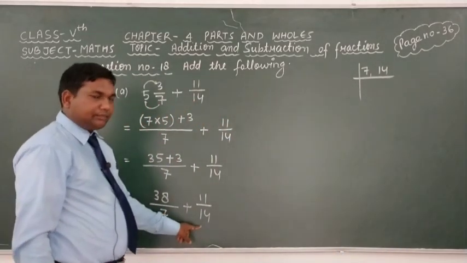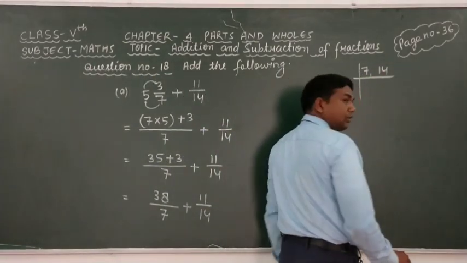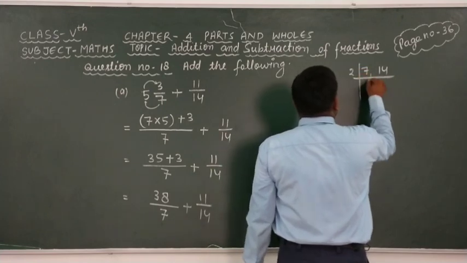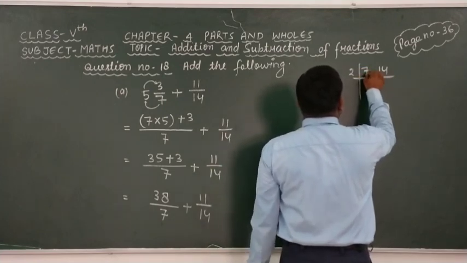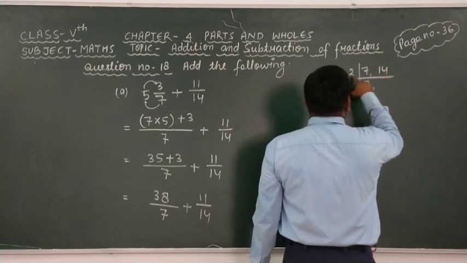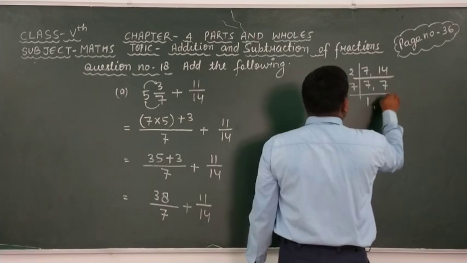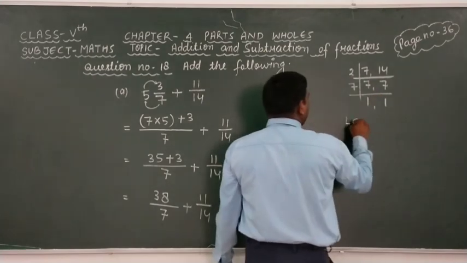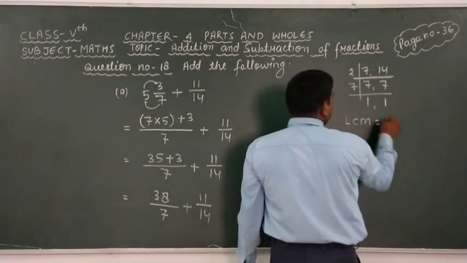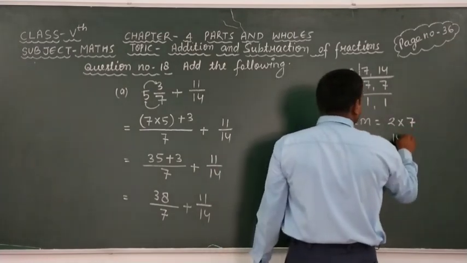We know that 7 is not divisible by 2, so we take 7 as the same, and 2 sevens are 14. 7 ones are 7 and 7 ones are 7. Then LCM is equal to 2 into 7, and 2 sevens are 14.